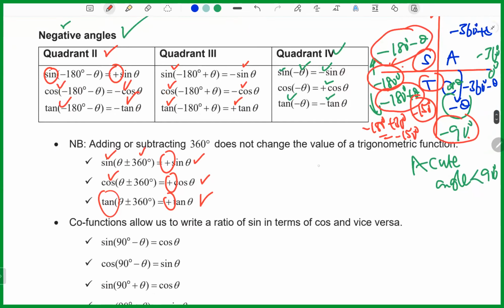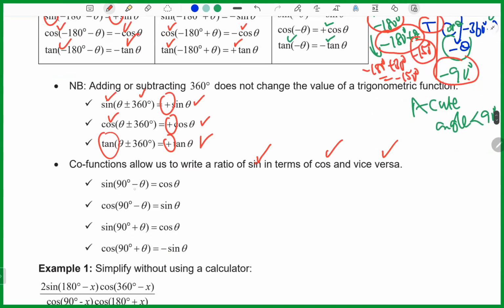Cofunctions allow us to write a ratio of sine in terms of cosine and vice versa. The cofunctions. What is the sine of 90 degrees minus theta?